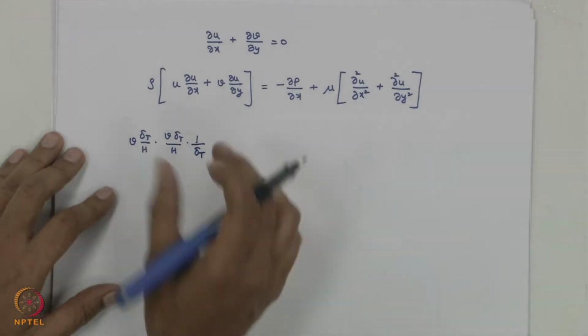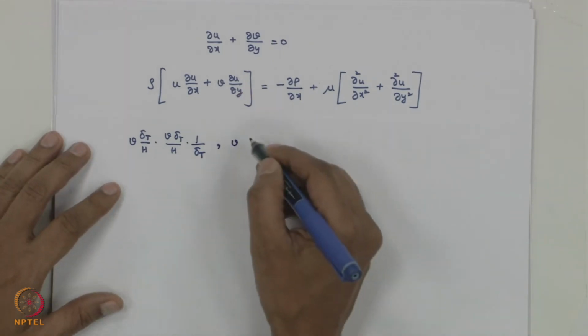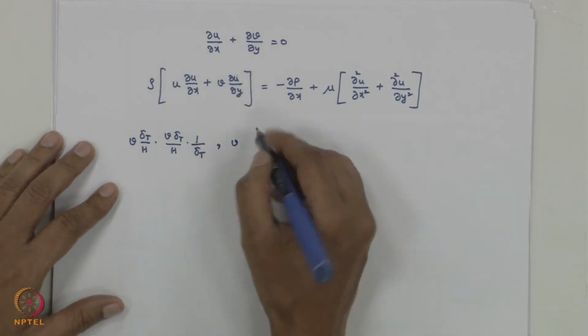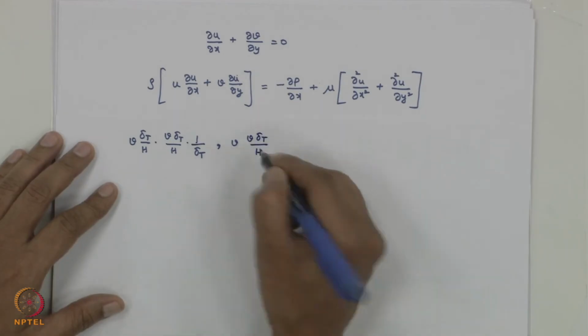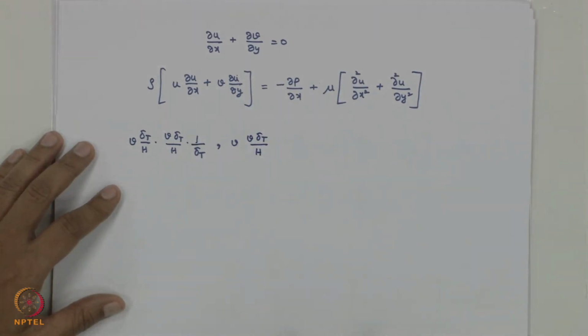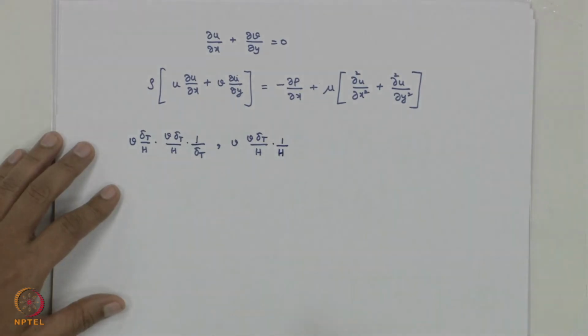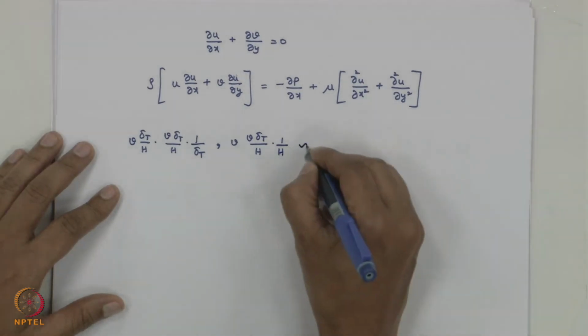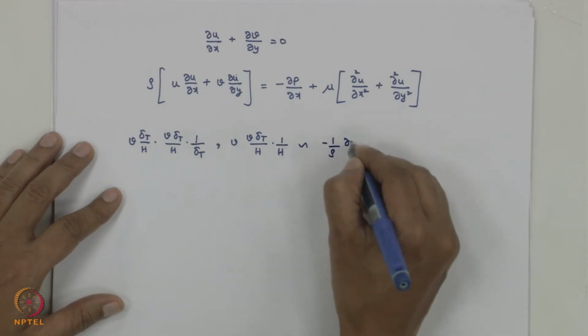Okay, so that is the first term. Comma, v scale is v only, del u by del y is v delta t by h, and the scale of y is h. This should be of the order of minus 1 by rho del p by del x.